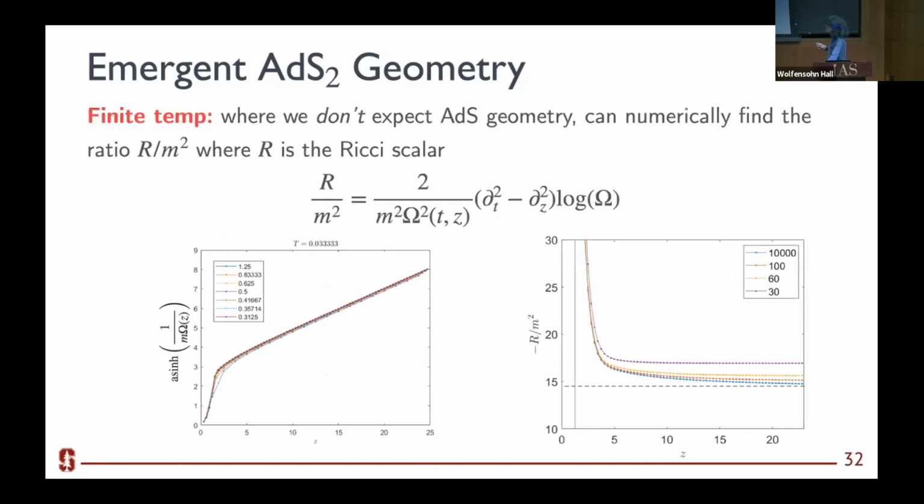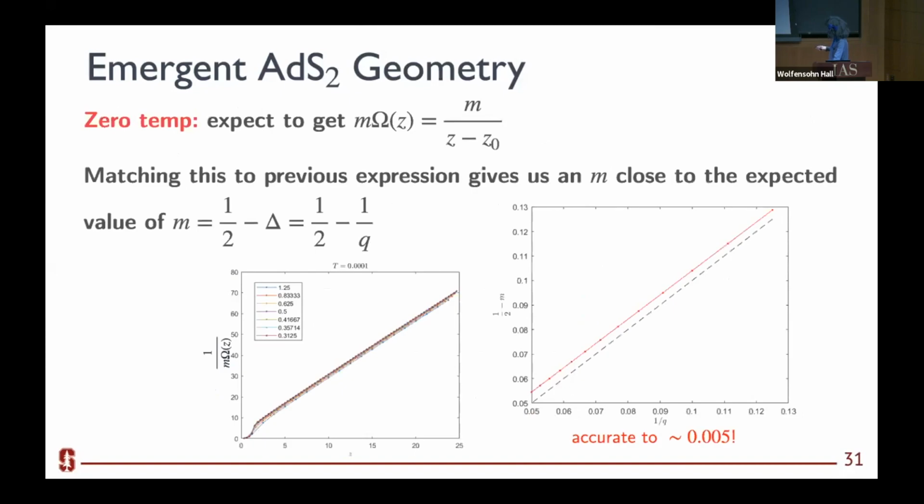We know it's not going to be AdS, and so this behavior is just probing some physics that we don't quite fully understand yet. Whereas in this other case, this error in M is in the zero temperature case, so we actually have a gold standard to compare it to.